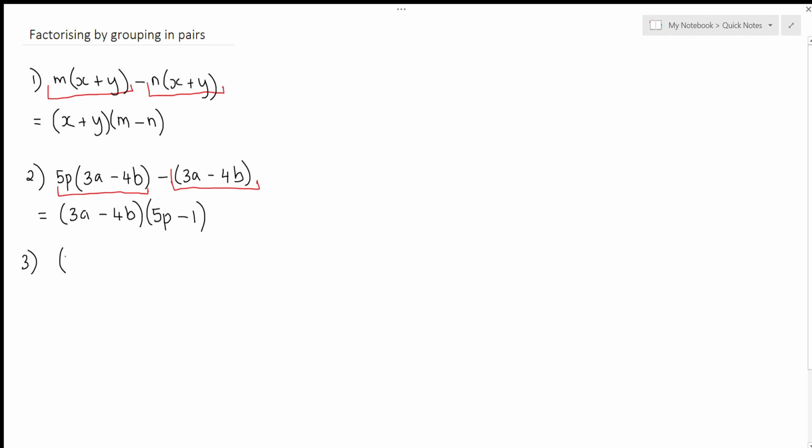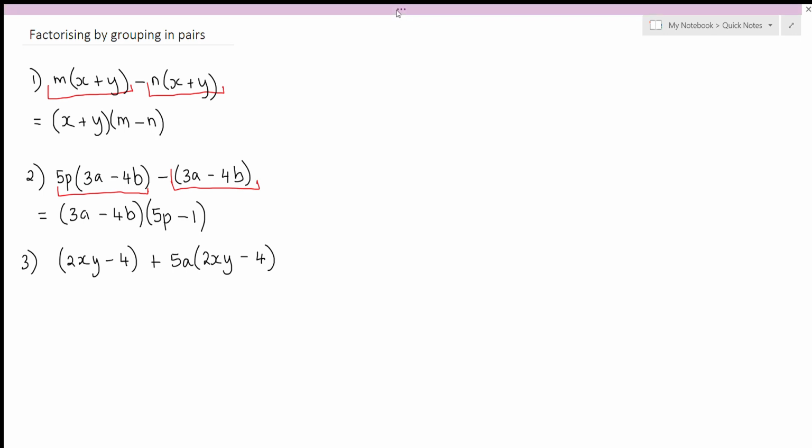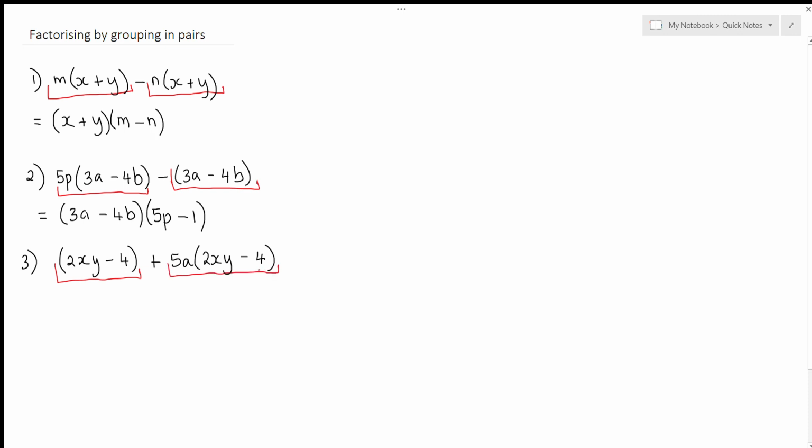Here we have 2xy minus 4 plus 5a, 2xy minus 4. Okay, we have two terms again, separated by a plus sign, and in each term we're going to look for a common factor.